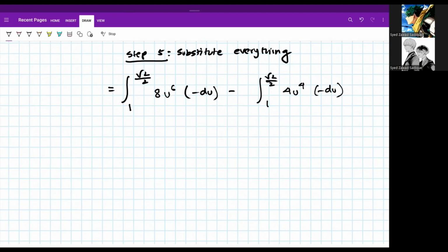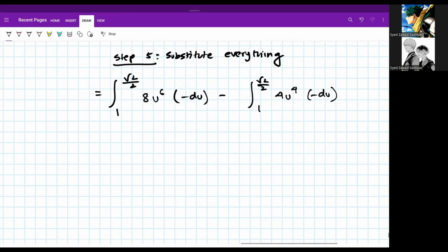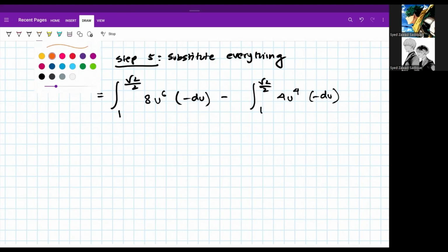Okay. So the lesson that I was going to give you guys is, if you have a minus with your integration and you want this minus to disappear, there are two ways to do it.